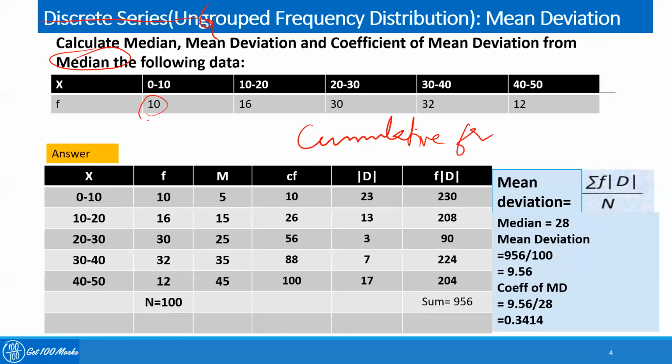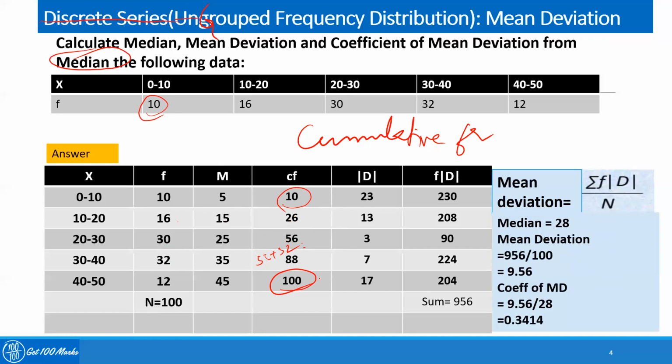The first cumulative frequency will be the same, which is 10. The next is 10 plus 16, which is 26. The next will be 26 plus 30, which is 56. 56 plus 32 will give you 88. And 88 plus 12 will give you 100.